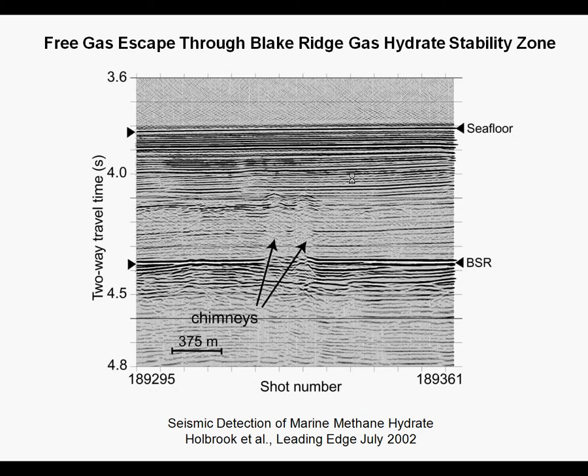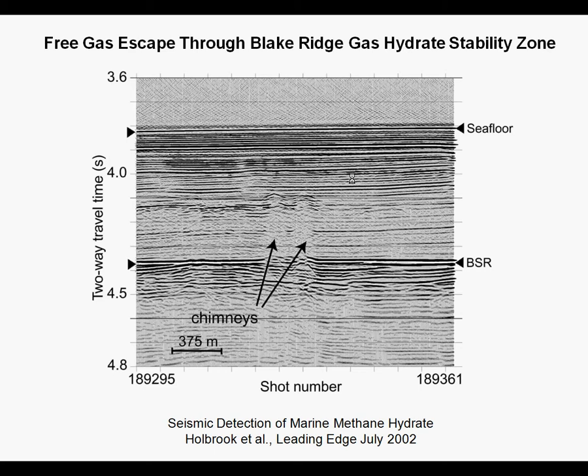There have been a number of publications on this subject, and this is a very graphic example that was published in the Leading Edge in July of 2002. This is Blake Ridge, off the east coast of the United States, which is a quiescent passive margin. The stratigraphy is very horizontal, as you can see in the seismic section.